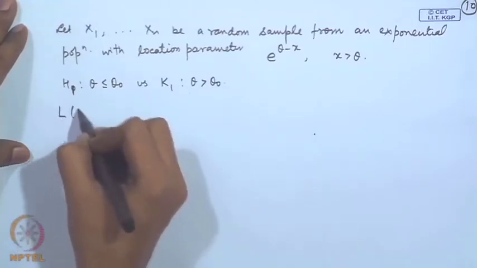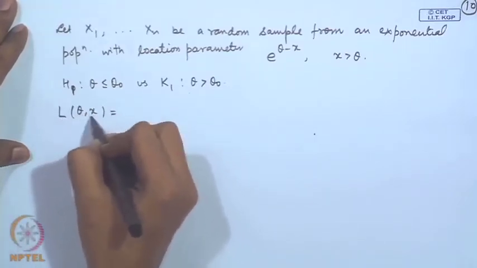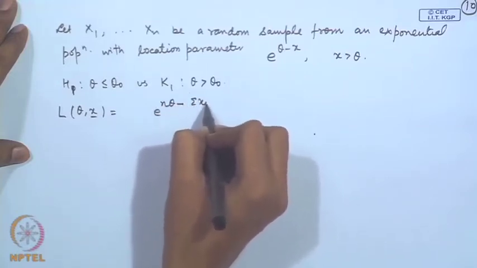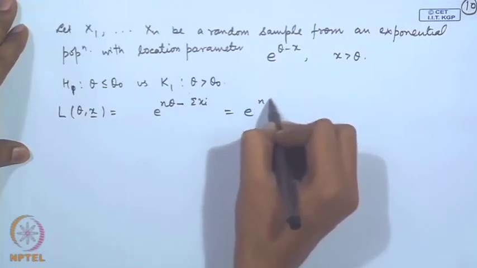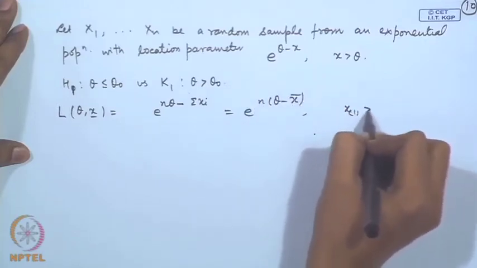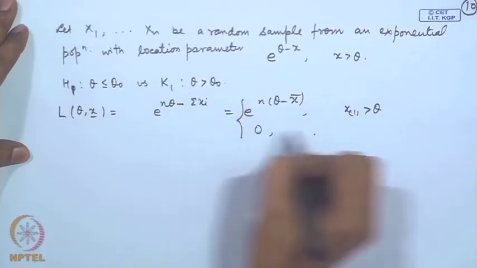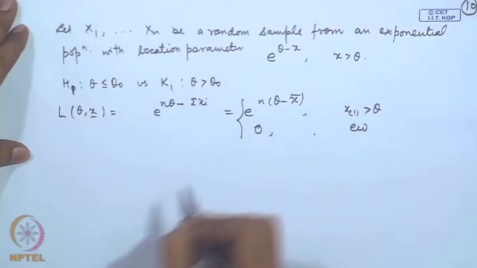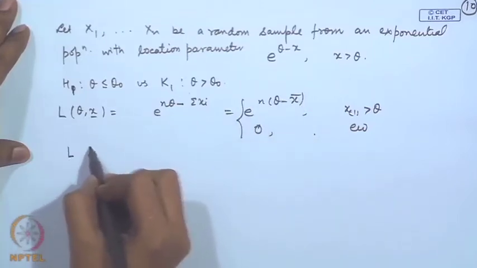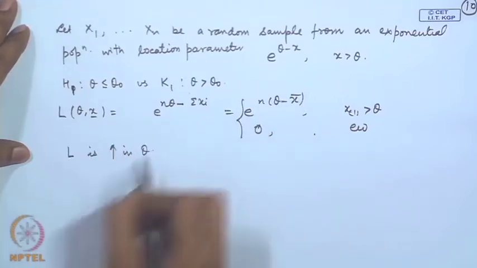So, the likelihood function is e to the power n theta minus sigma x i, which I can write as e to the power n theta minus x bar. This is for x 1 greater than theta, and it is equal to 0 if x 1 is less than or equal to theta. So, naturally you can see that L is increasing in theta.